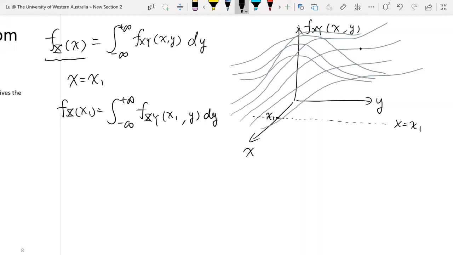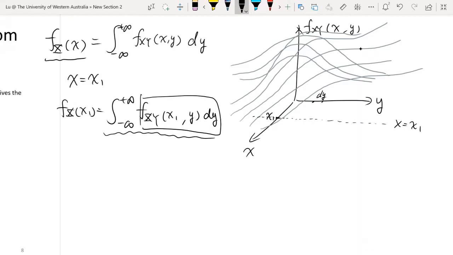On the right-hand side, we are doing two things. First of all, we are calculating the product between the joint PDF and dy. The second step is to do the integration with respect to y. Okay, we pick a small dy here. We assume this is a small dy. So at the given point x1, we want to calculate dy multiplied by the joint PDF.